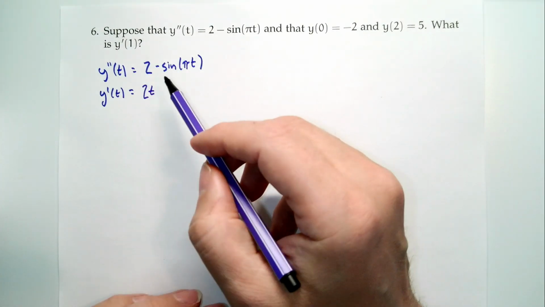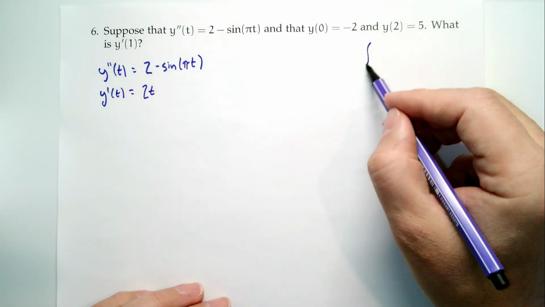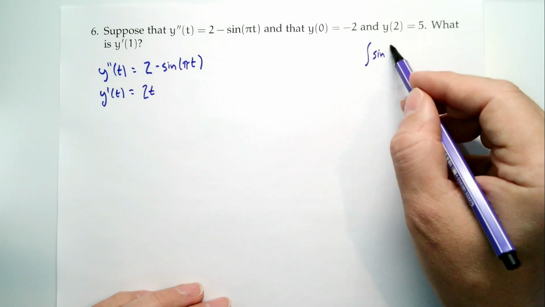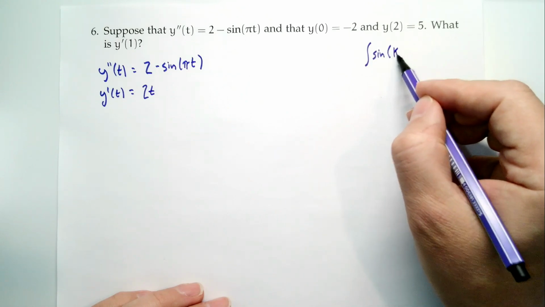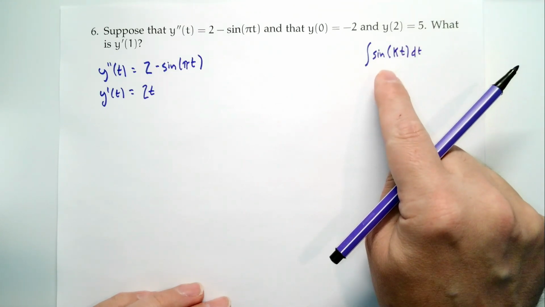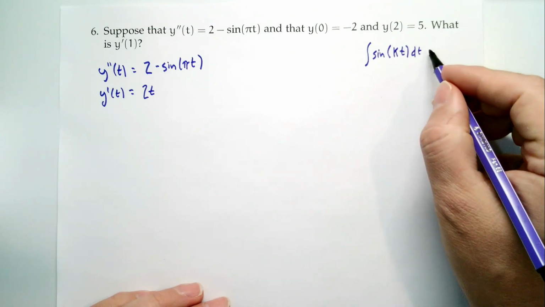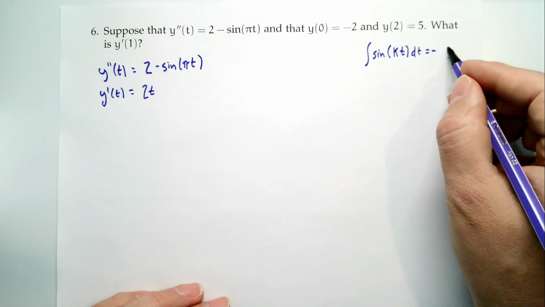All right. How about the integral of sine of pi t? Well, the integral of sine of just some constant k times t. Now, normally the integral of sine would be negative cosine. So it's still almost like negative cosine.